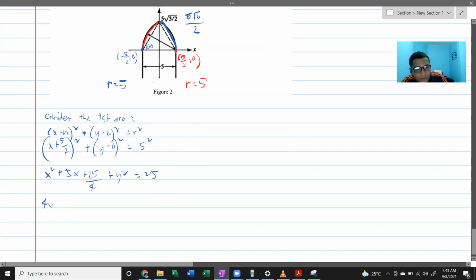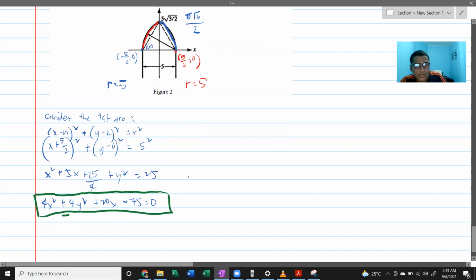So we have 4x squared plus 4y squared plus 20x, and when we transpose 25 to the left side and multiply by 4, it will become minus 100. So 25 minus 100 is minus 75 equals 0. So this is the equation of our first arc.